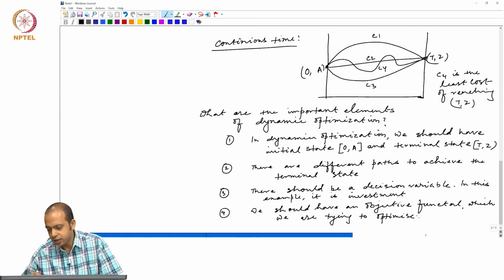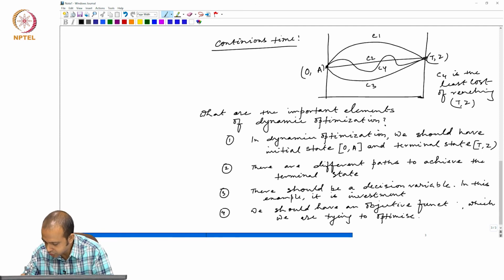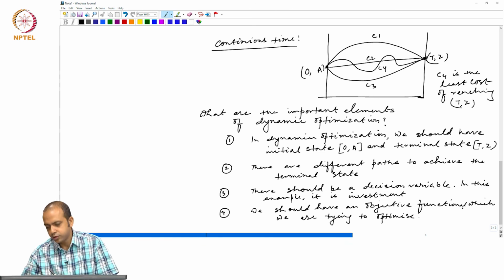Now look at here, we are saying objective functional. Okay, functional. This is called functional.